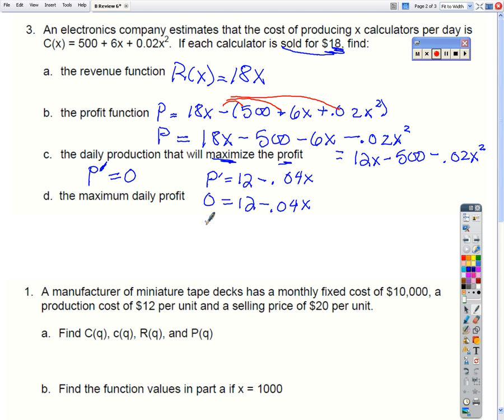We're going to solve, and x is 300. So the production level would be 300 units. To find the maximum daily profit, I'm going to take 300 and plug it back into the original profit function. And we're going to get $1,300.